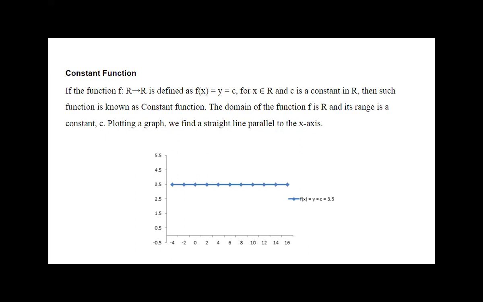The x values are 4, -4, then -2, 0, 2, 4, 6, 8. Like that, the values of x are taken. But as we all know, the constant function is here, so f of x will have only the value 3.5, as we can see here.